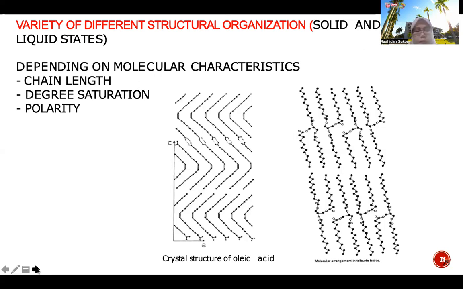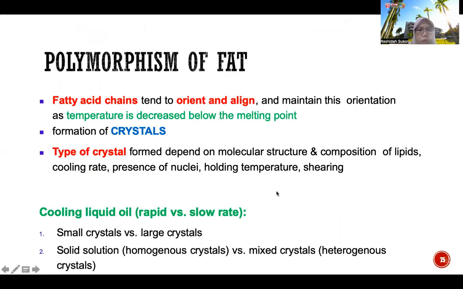That crystallization, in fact, we call it polymorphism. If we learn about fats and oil, we cannot run away from this term polymorphism. We call it fat polymorphs. It is actually crystal. What type of crystal form of fat are you referring to?